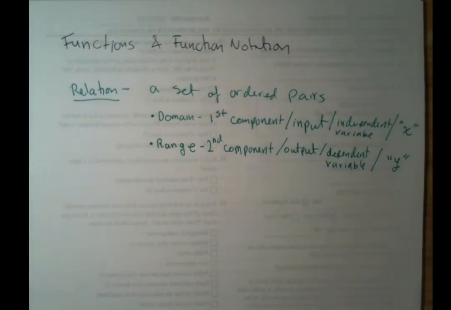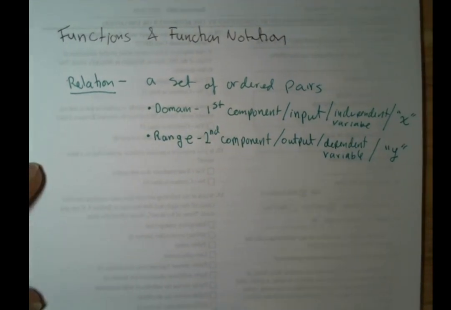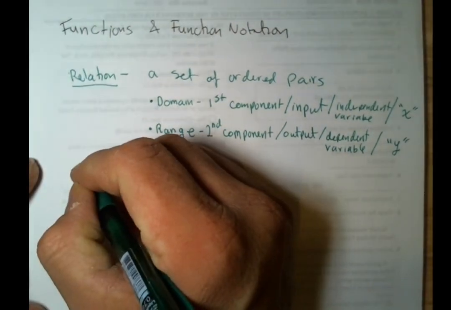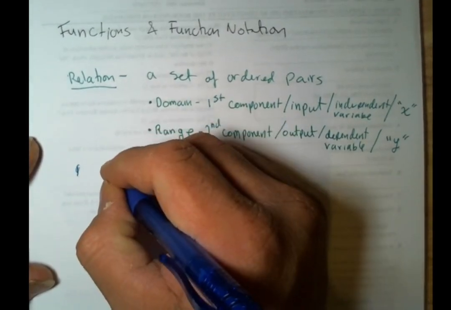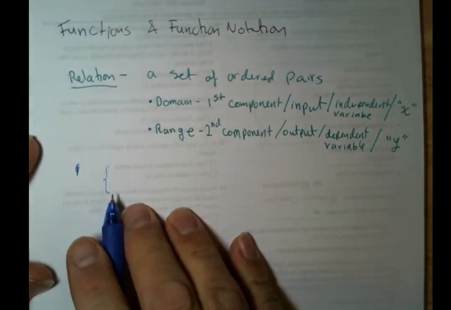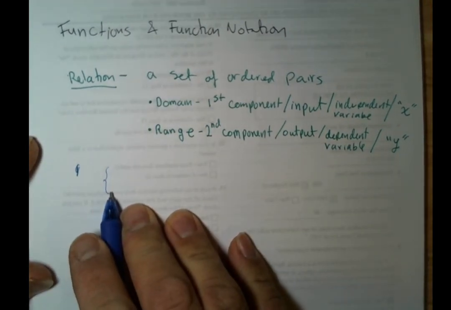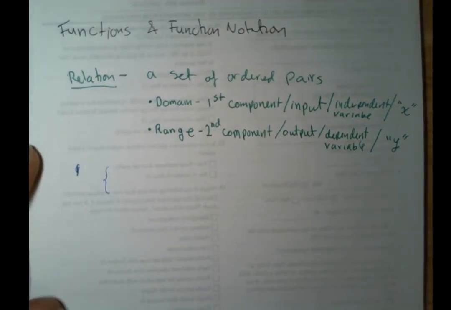All of these we use interchangeably when talking about our first and second component, or our domain and range. A set in math is usually denoted with curly braces to denote that we are referring to a set.